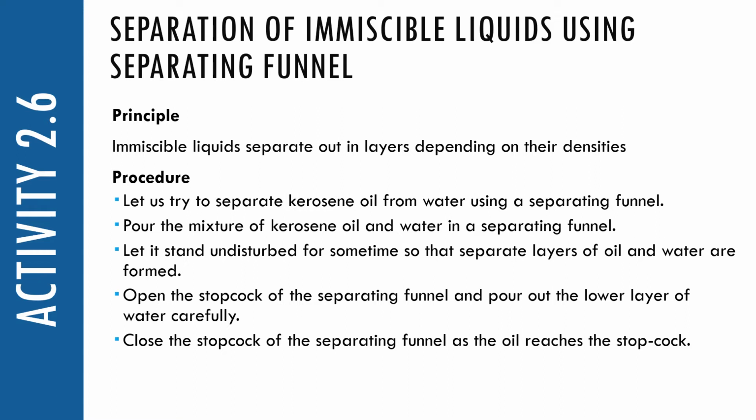Let it stand undisturbed for some time so that separate layers of oil and water are formed. Open the stopcock of the separating funnel and pour out the lower layer of water carefully. Collect it in a beaker. Close the stopcock of the separating funnel as the oil reaches the stopcock.